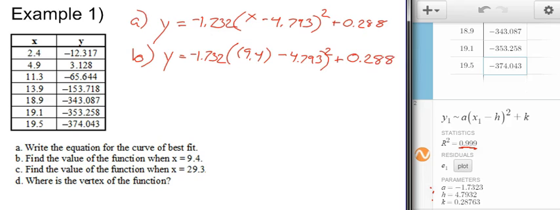And once I do that, that's something that I can simply type into a calculator. Be very careful about any parentheses and negative signs and such. But that's something that I can type directly into a calculator and actually just find my solution from that.